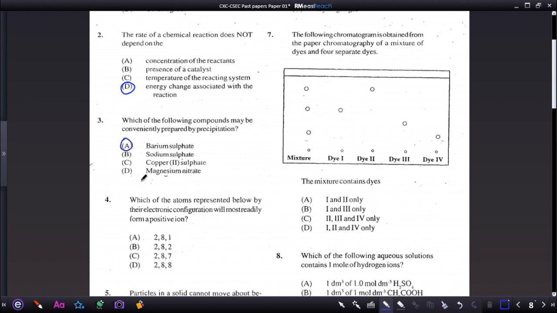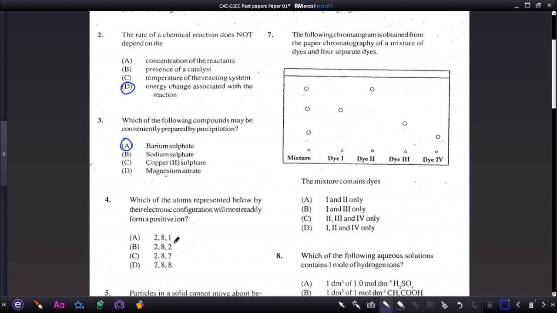Question 4. Which of the atoms represented below by their electronic configuration will most readily form a positive ion? We have seen this question before, but nonetheless, metals form positive ions, cations specifically.